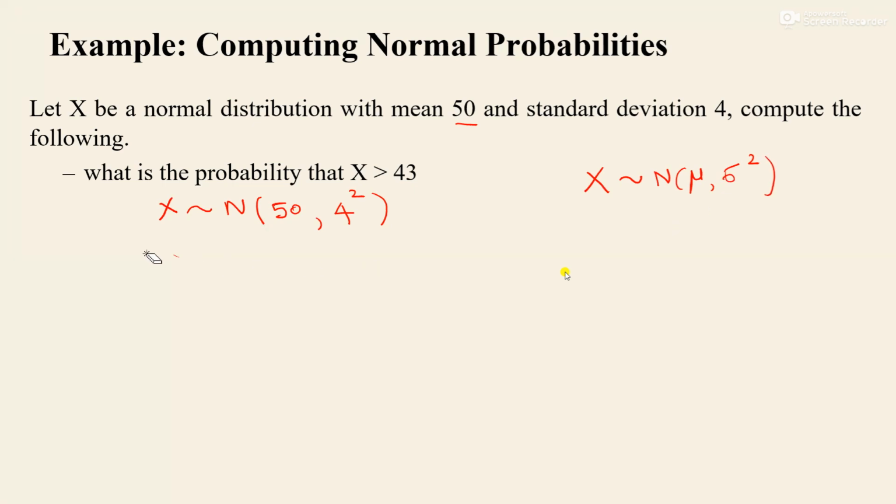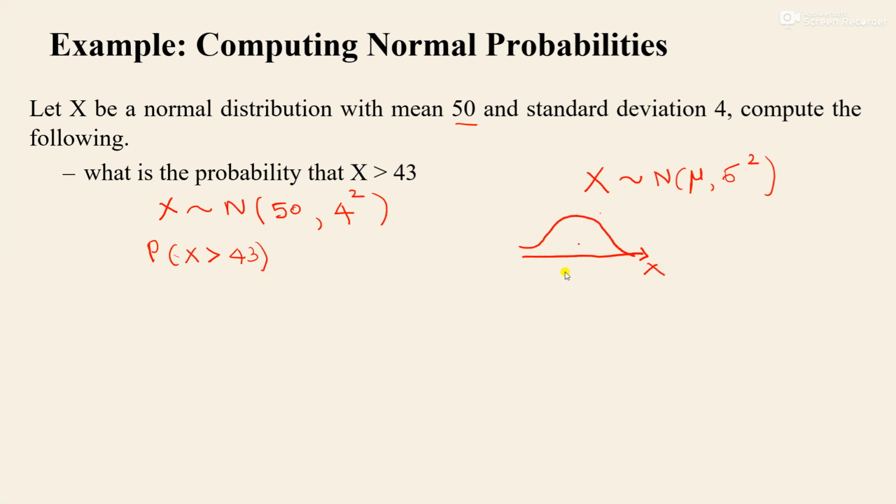Right. Now for this distribution, we have to calculate the probability of x greater than 43. Right. So now if we plot the diagram roughly, we have the x variable.